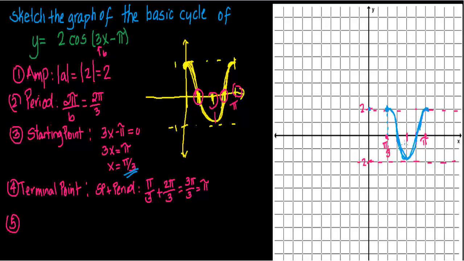Now, you can go ahead and draw 1, 2, 3, and another tick mark here, and continue. You can continue this graph, although it says one basic cycle. You can go ahead and continue both ways. 1, 2, 3, 4.